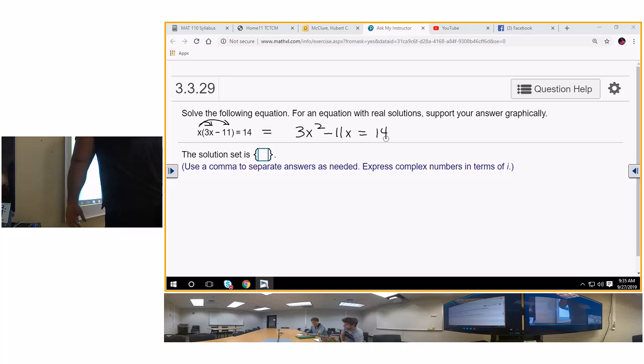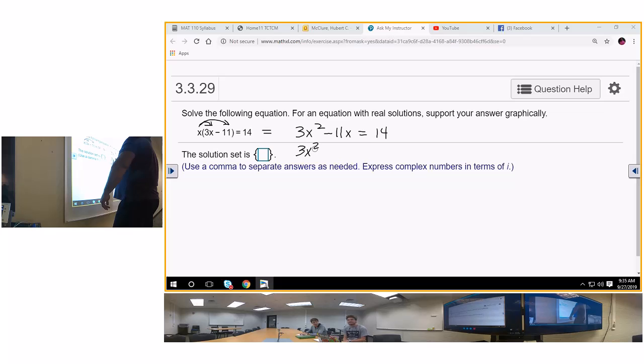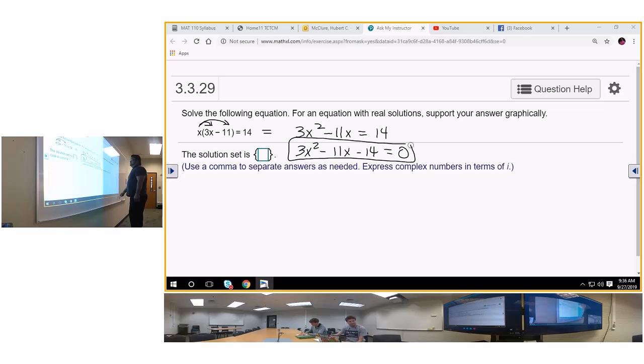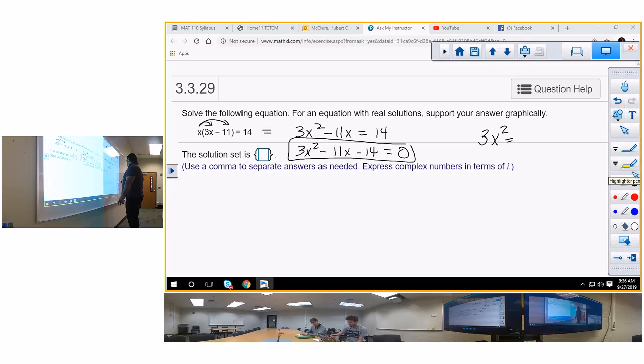But I'm not ready to do that, so I'll just write 3x to the second minus 11x minus 14 is equal to 0, and solve that by factoring. But if we did it by completing the square, and you're not ready to do this yet, but we're talking about a 4 or a 5.